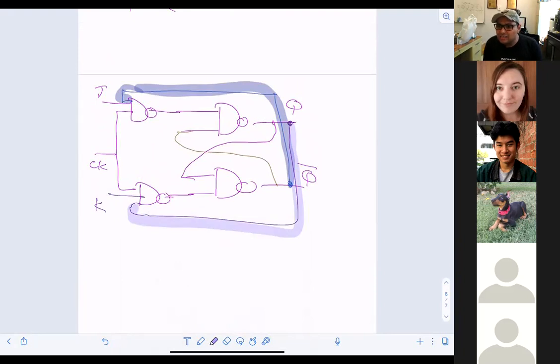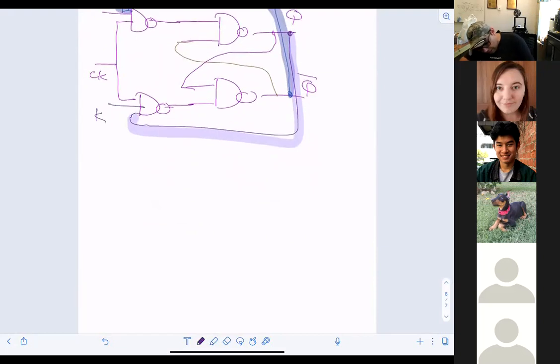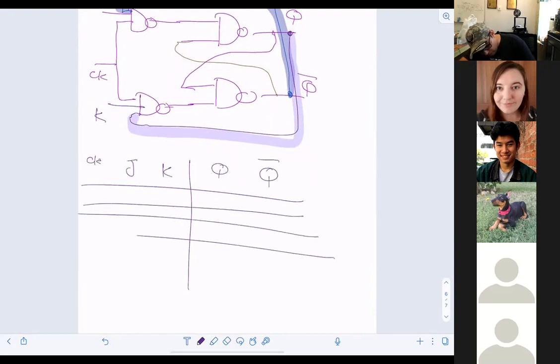Let's do the analysis to see whether this thing works or not, right? Because maybe I'm lying and not telling you the truth. Who knows, right? So in that case, we also need the truth table. You guys agree? Yes. So if I do a truth table here, it's gonna be the clock, and the J and K, Q, and Q complement. 1, 2, 3, 4.